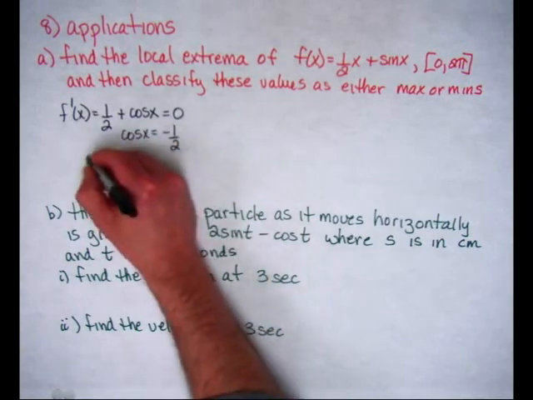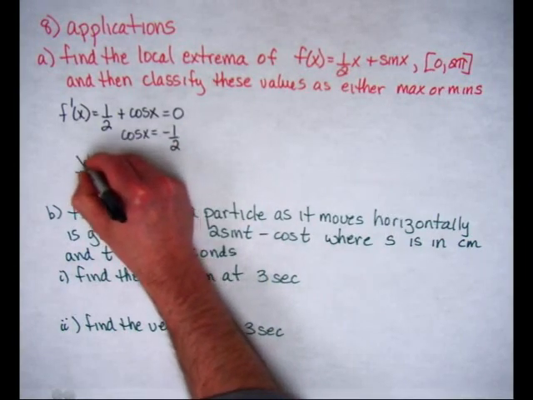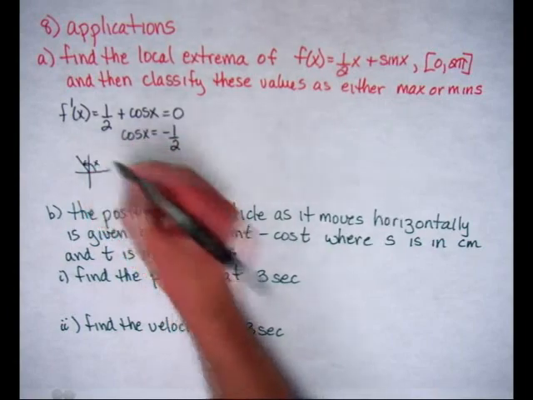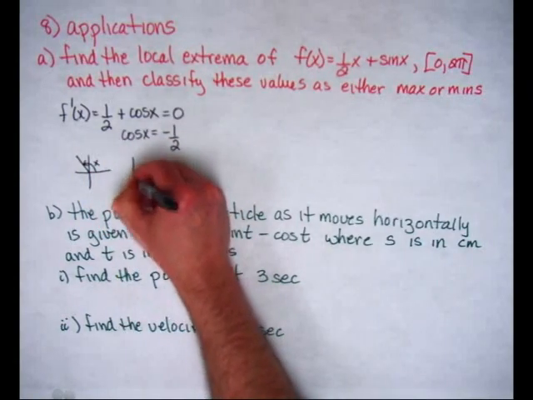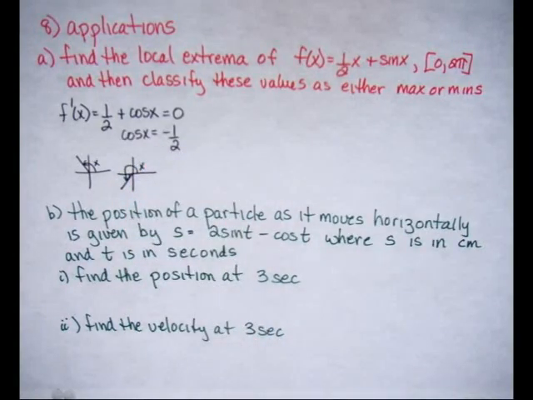Cos is negative in quadrant 2, so we could have an angle x in quadrant 2 where cos was negative 1/2, and we could also have an angle in quadrant 3 where cos is negative 1/2. Cos is positive in quadrants 1 and 4 and negative in 2 and 3. So we're going to expect two answers.